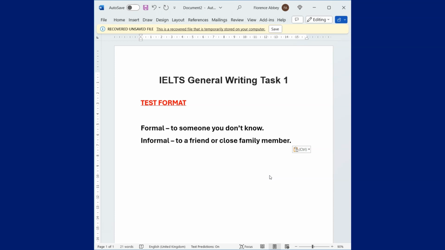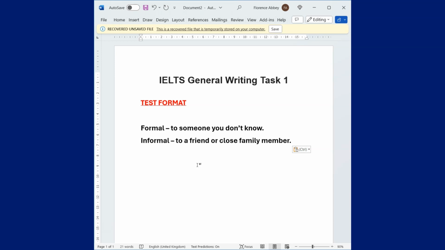The general writing Task 1 is basically a letter writing where you are required to write a letter requesting information or explaining the situation in relation to a specific circumstance. What we are trying to say is that you'll be writing a letter to people based on situations. They'll give you the situation. It might be that you are apologizing to the person, commending the person, or trying to request something from the person.